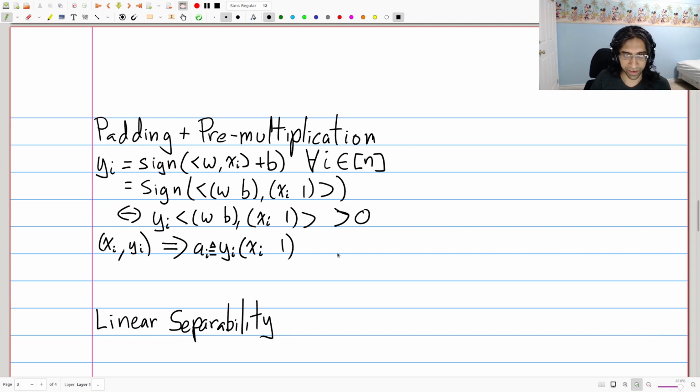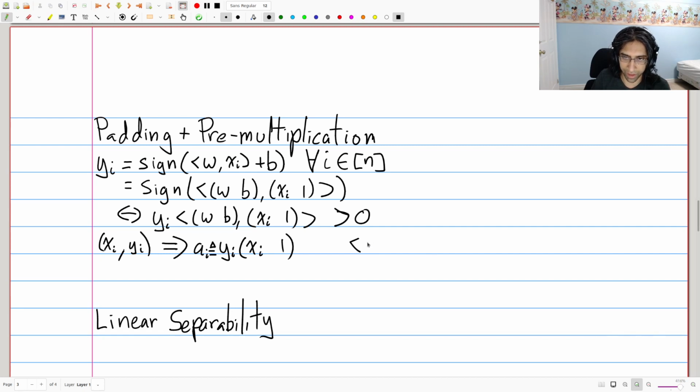The reason this is convenient is that it gives an easier way to write the training goal, that we have the correct prediction on all the training points.